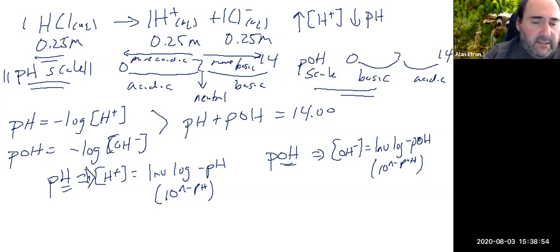If the H plus concentration goes down, the OH minus concentration would go up, and the pH would also go up. This is why, if you're given a strong acid or base, you could do a relationship like this just to get to the H plus concentration, and that would allow you to calculate the pH of that solution relatively easily.